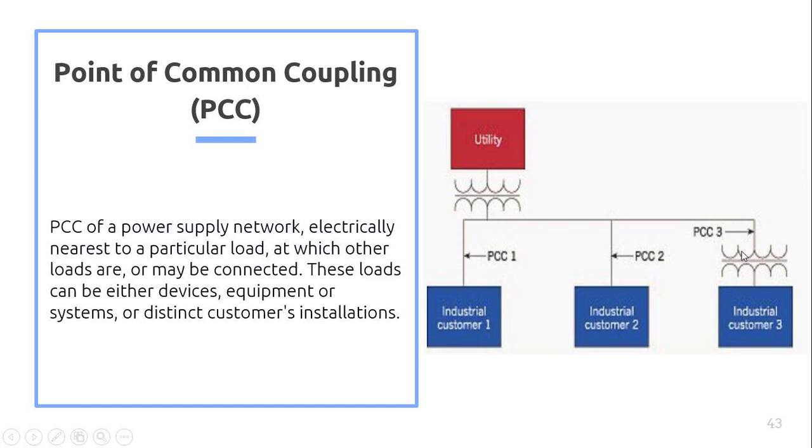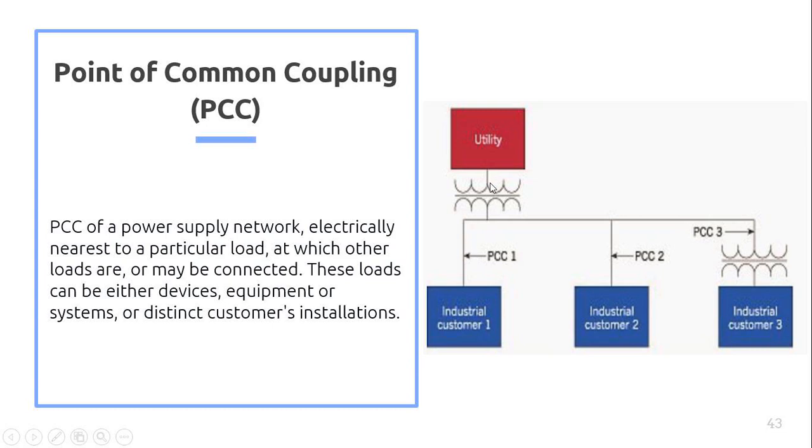This is one more type of connection, in which industrial customer number 3 has its own transformer and is connected like this. At this point, the industry PCC, the utility measures harmonics, and all industry customers have to reduce their harmonics at this point. If the utility finds that you have harmonics and inject them into the utility, they will penalize you.